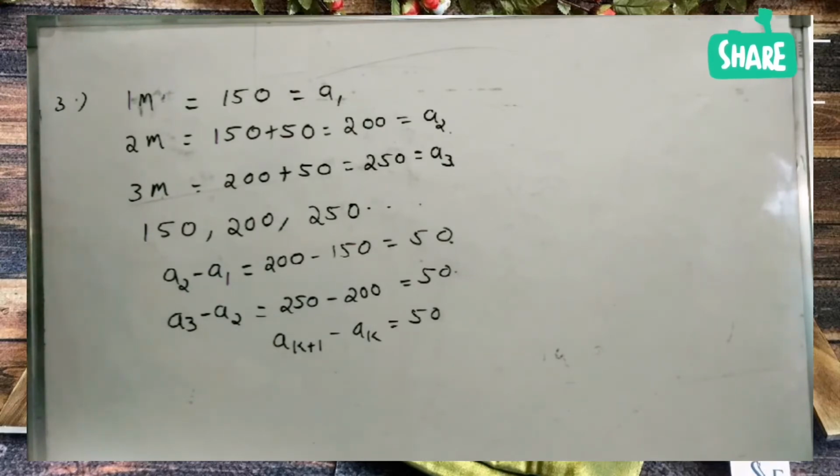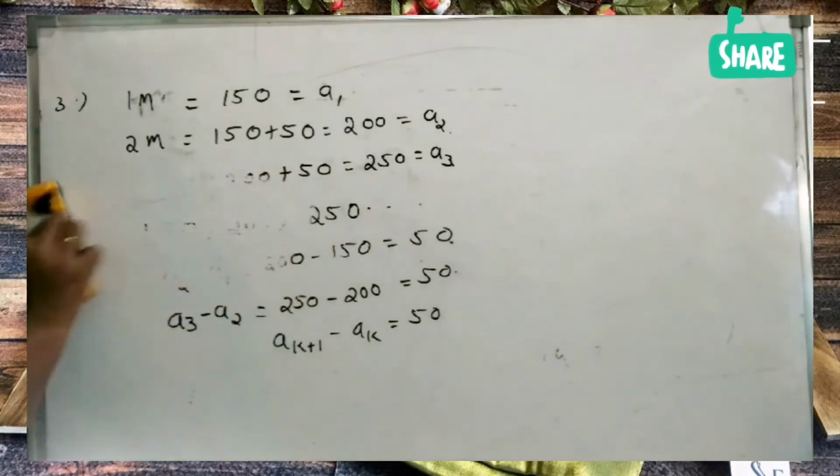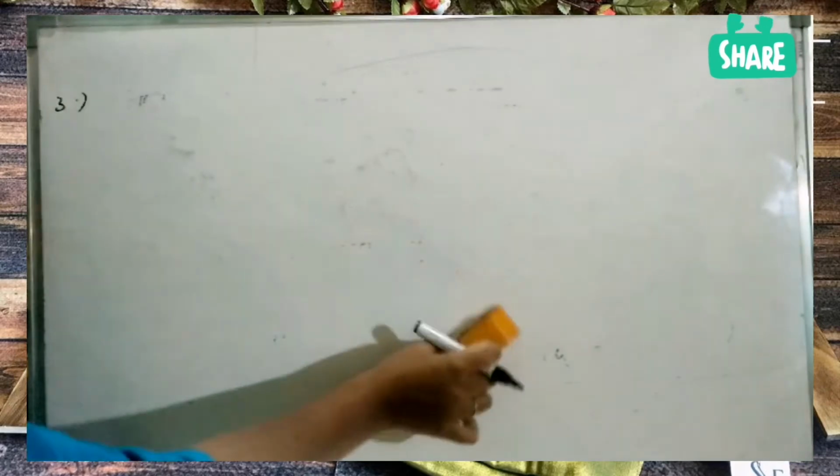Now, fourth question. The amount of money in the account every year when rupees 10,000 is deposited at compound interest at 8% per annum. So here we need to know the formula to calculate the compound interest.